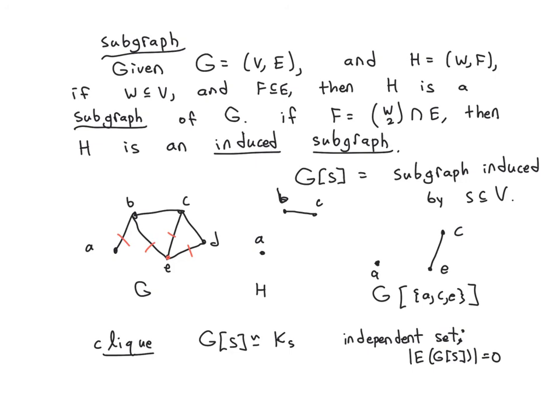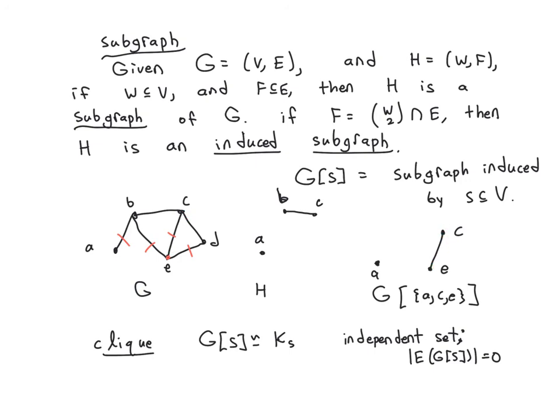Now, an induced subgraph is a special type of subgraph. It's one where the edge set in the subgraph is taken by taking all the possible edges you could have from W and intersecting it with the edges from G. In other words, take a subset S of the vertex set, like say A, C, E, and you're looking at all edges in G whose endpoints lie in that subset.